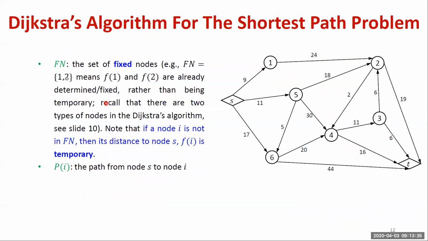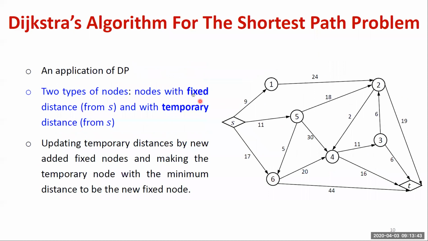Two more, sorry. The next one is the Fn set, which records the set of fixed nodes. Remember here we classify all nodes into two types.